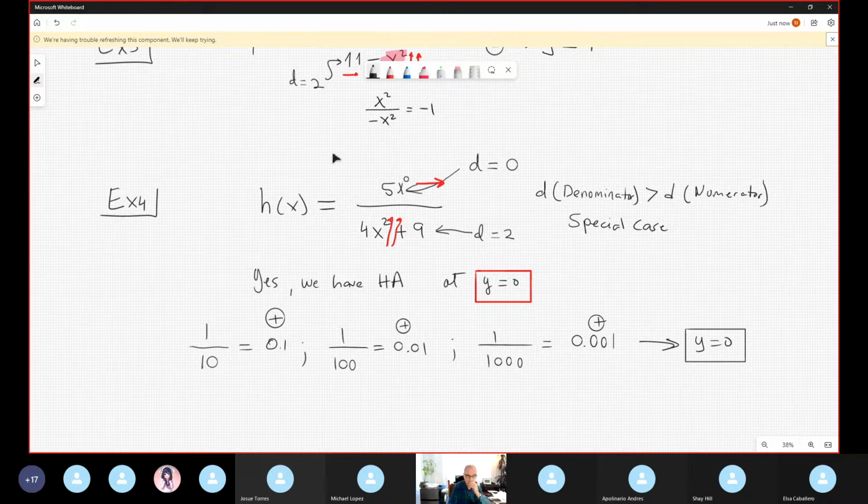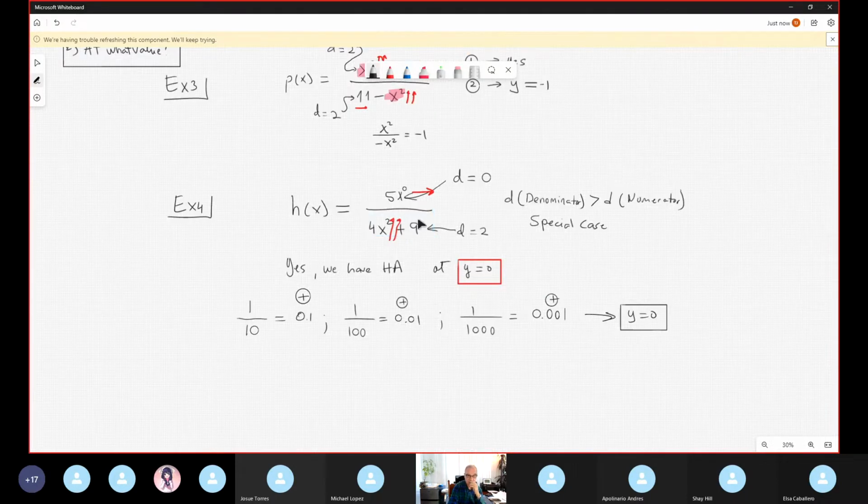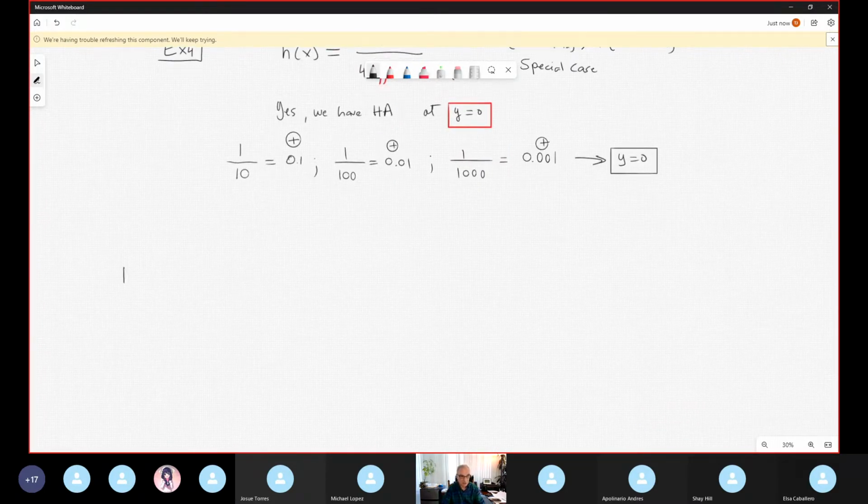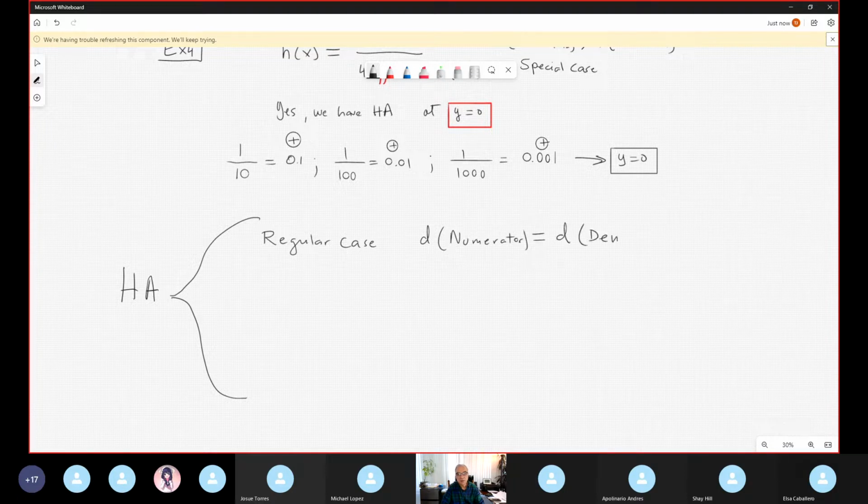Let me now summarize the information that looks confusing. For the horizontal asymptote, we have two scenarios. The most popular is the regular case, in which the degree of the numerator is equal to the degree of the denominator.